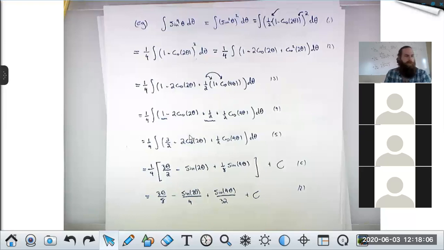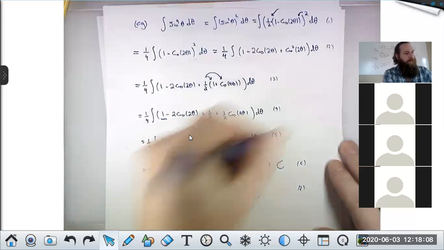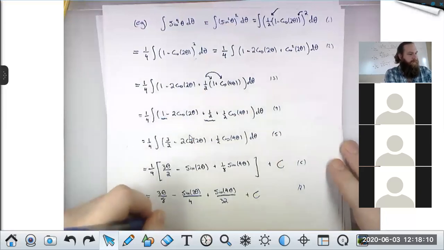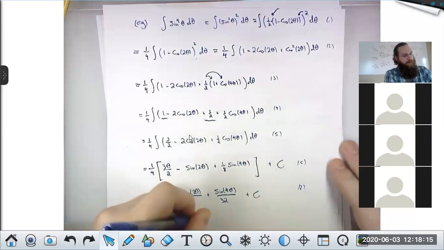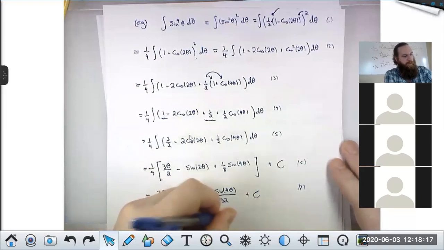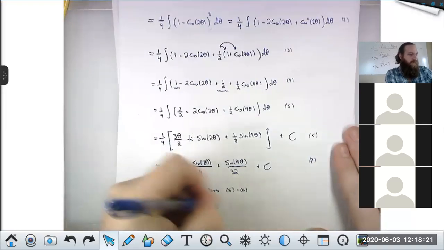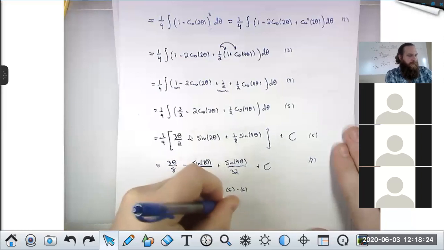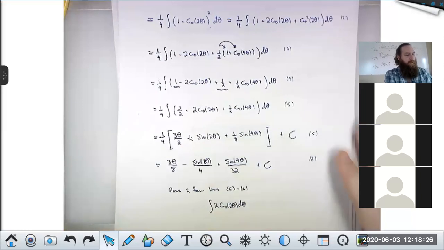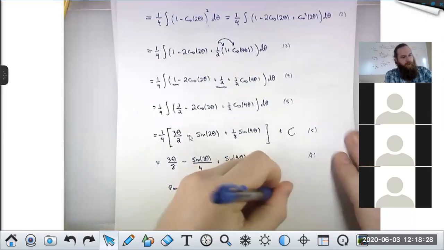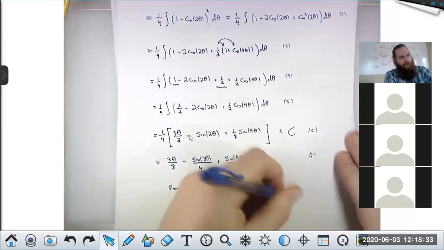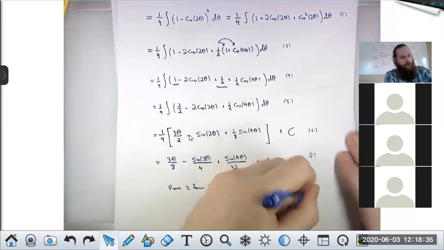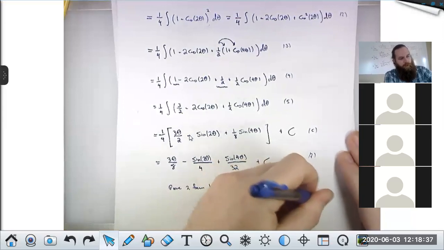Okay, let's come to the side and do the piece 2 integral. So piece 2 from lines 5 to 6. I have the integral of 2 cos 2 theta d theta. So this is one of these micro u sub things. If I let u be 2 theta, then du is 2 d theta, which means 1/2 du is d theta.